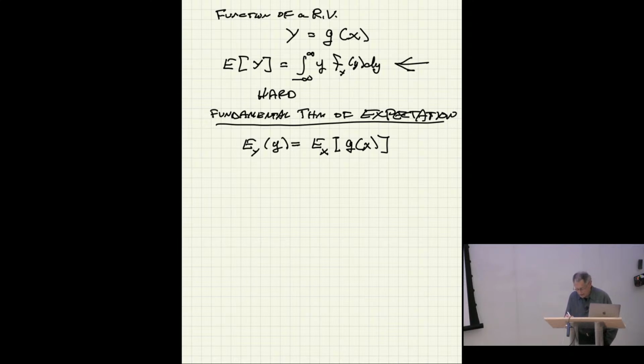If you write it in terms of its density, notice the expectation I'm taking with respect to x here, which I was taking with respect to y here. So when I do that, I'm going to take the integral from minus infinity to infinity of the function g of x times the density associated with the capital X, which is f sub x of x.